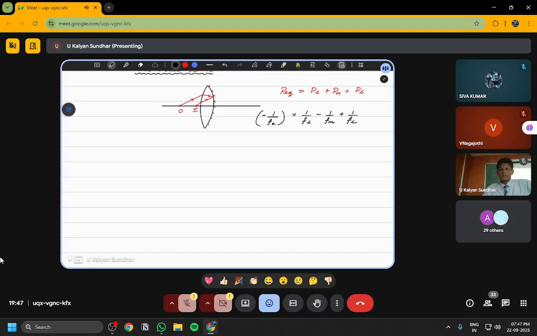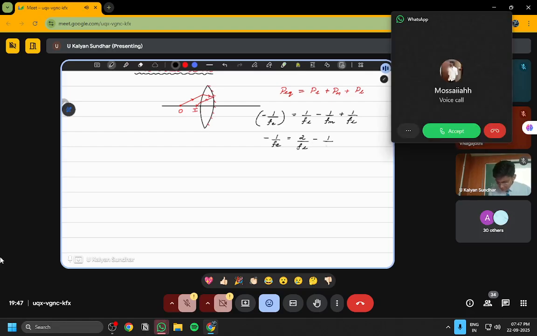Right, sir? So altogether, the negative sign is only due to the mirror. What mirror? Concave mirror, which is going to act as the power equivalent. Right. Okay. So altogether this is your general equation. So minus 1 by Fe will be equal to 2 by Fl minus 1 by F. Otherwise with the negative sign you can just write it like this.